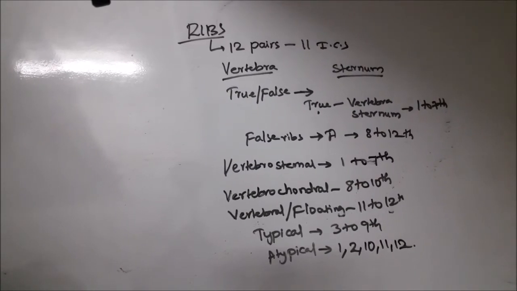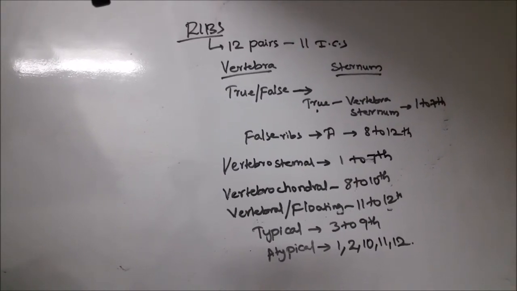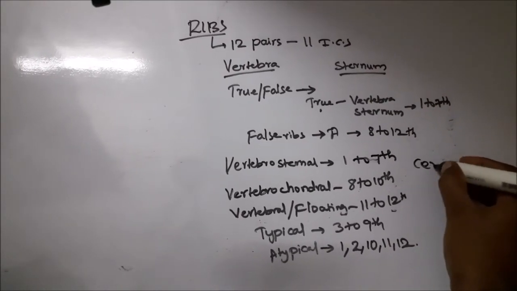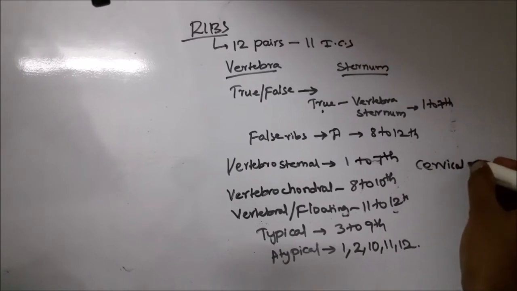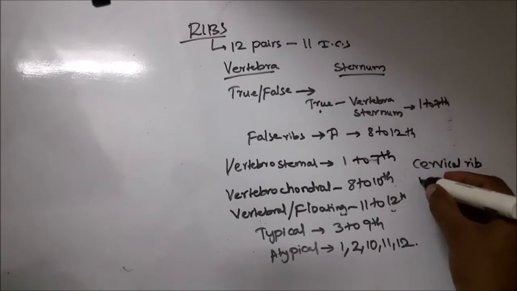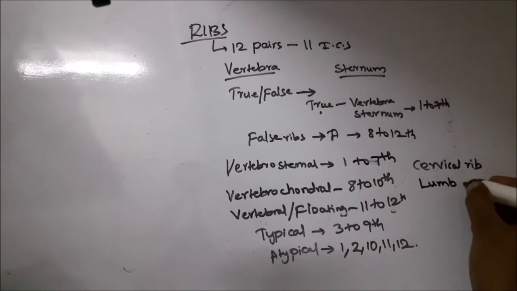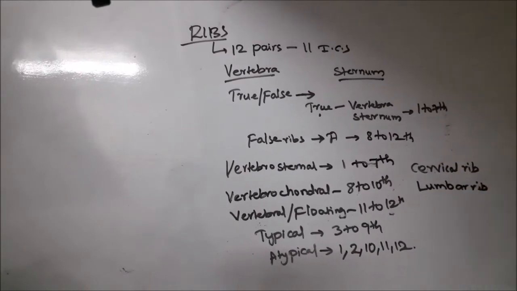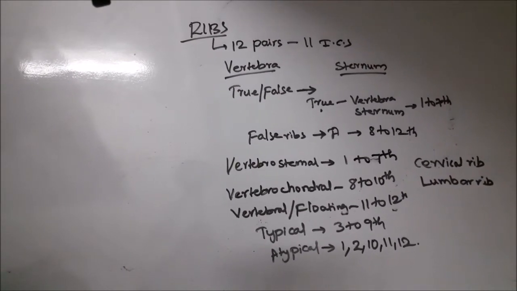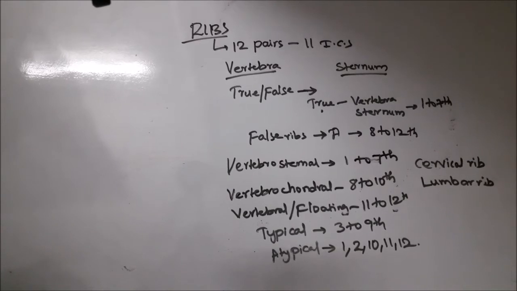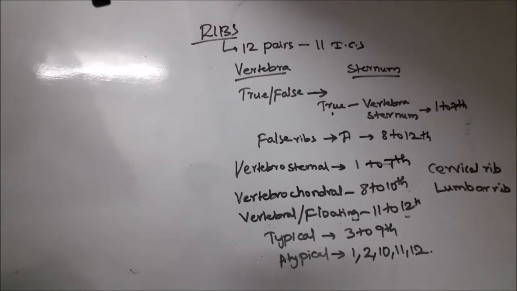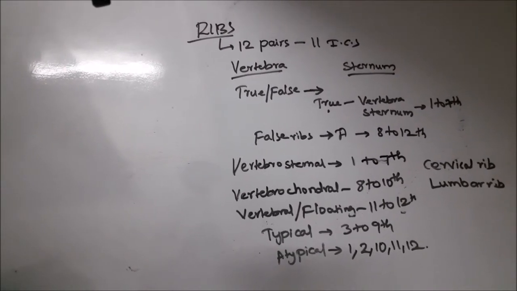Apart from that, sometimes there may be a rib coming from the cervical vertebrae, called a cervical rib, and sometimes a rib coming from the lumbar vertebrae, called a lumbar rib. We'll be seeing the osteology of typical ribs and of atypical ribs, specifically the first rib, which is most commonly asked.